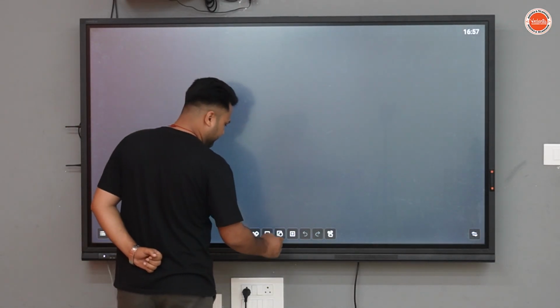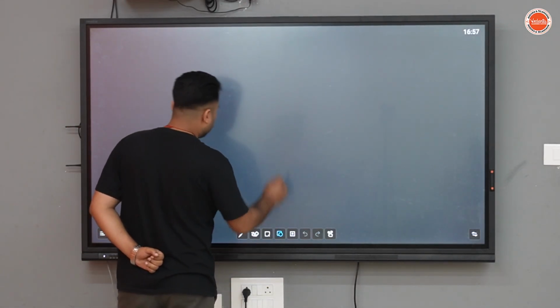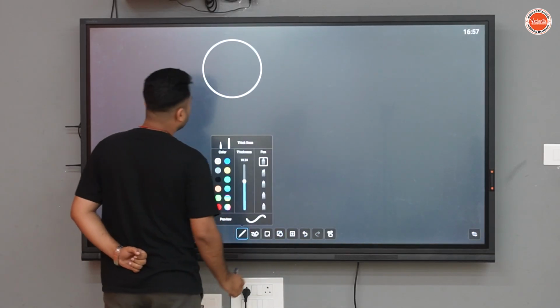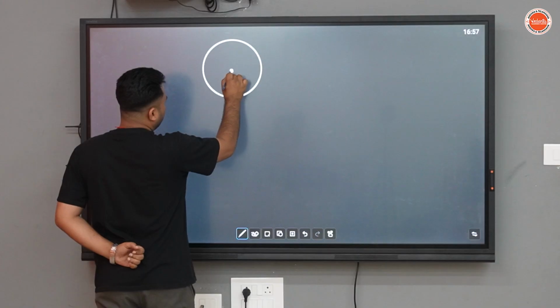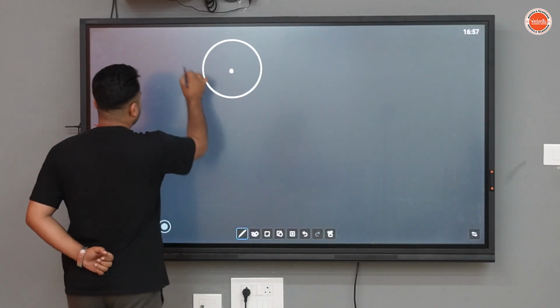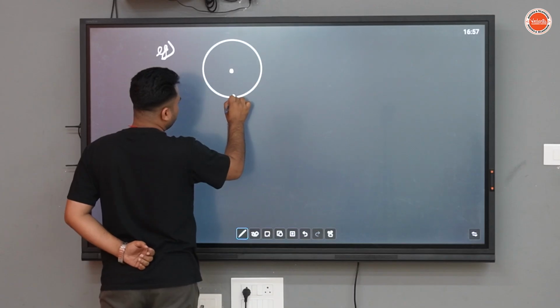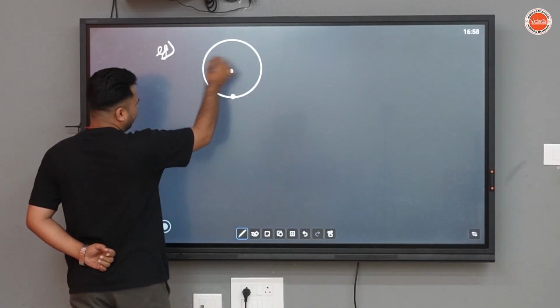Suppose I take a circle kind of thing, this one. R is the radius of this circle. A particle starts from here. I think I have done this already, but still.